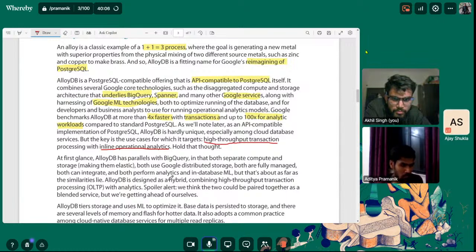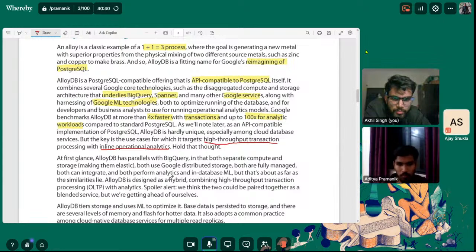So what AlloyDB is doing, with the help of their technology, is maintaining this high throughput processing. The handling of those transactions will be very much powerful, optimized is a better word for this.